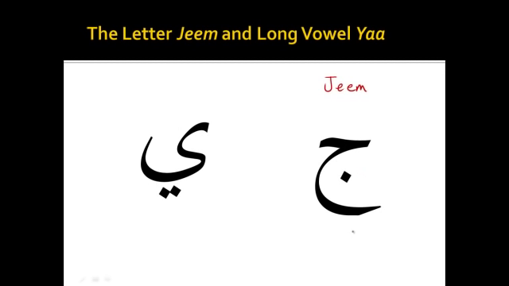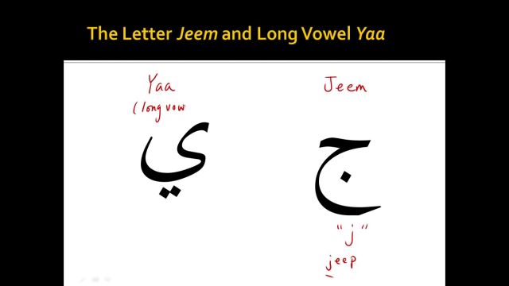And the Jeem is like the J in English, like as in Jeep. So that's not too difficult, because the Jeem is similar to a letter that we already have in English. Now the Ya, and we're going to look at the Ya here, the Ya is a long vowel.